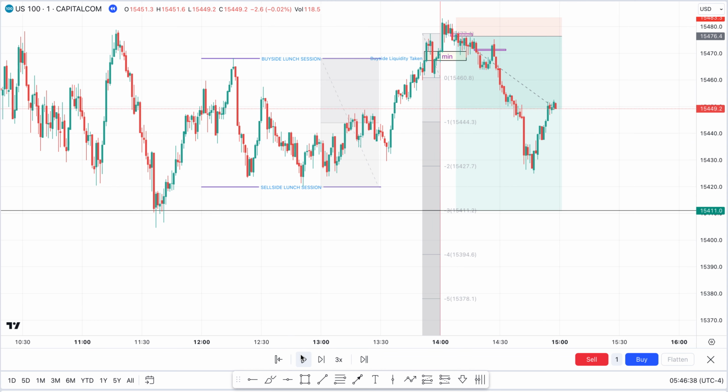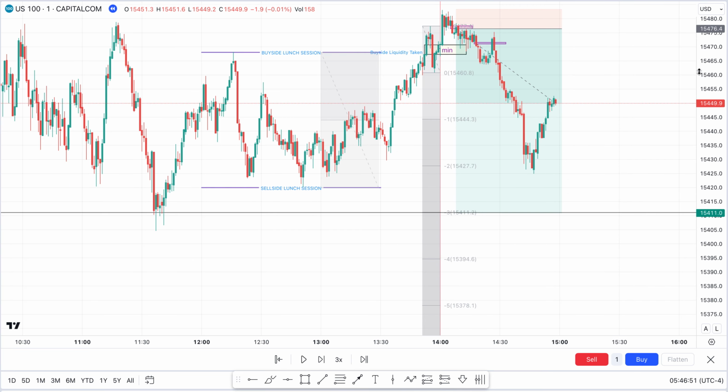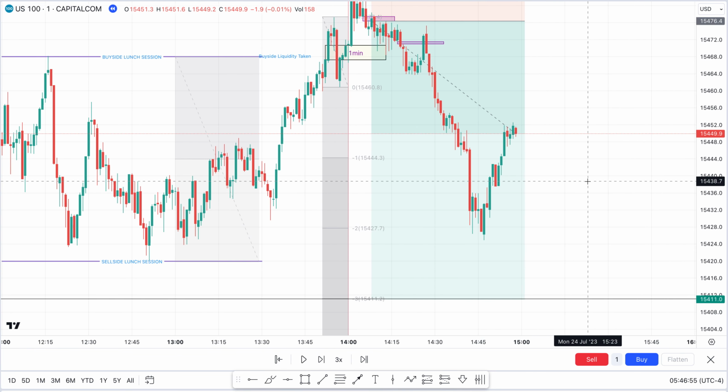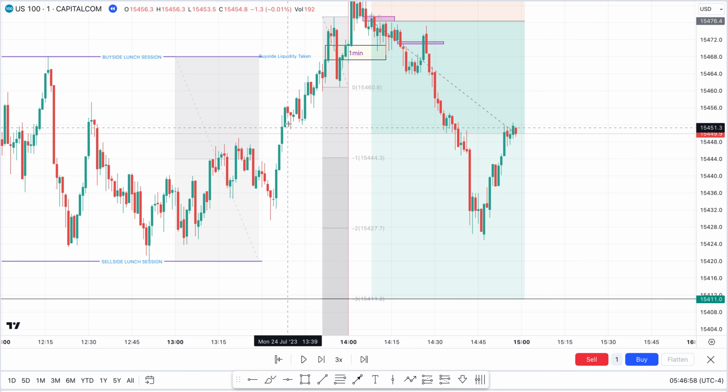So we got a bit of a retracement, and this is expected because it went into a premium or discount area. I'll just look for areas where there are fair value gaps, inversion fair value gaps, maybe right here.